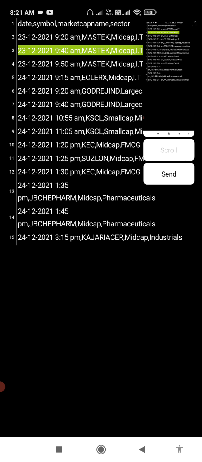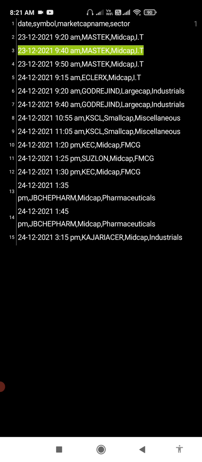2312 Mastag, a mid cap IT company, is giving the alert. We will see Mastag in the chart.